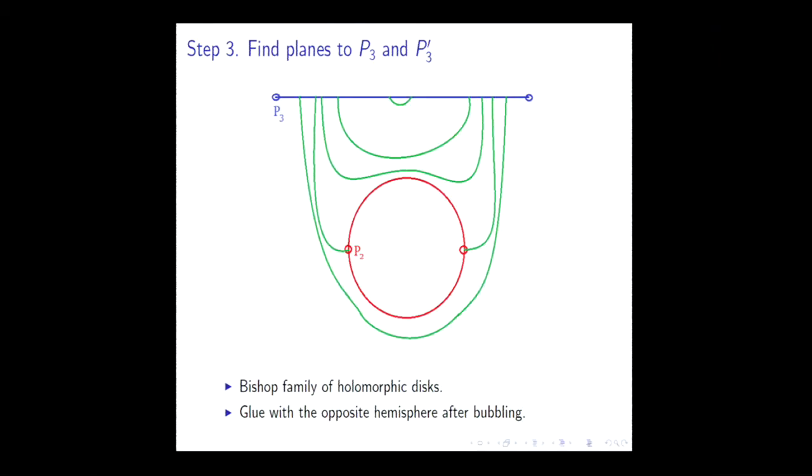So now we can do a Bishop family, start to produce these holomorphic planes out of holomorphic disks. And the belt sphere might be an obstruction to produce the plane, but every time this holomorphic sphere breaks in the belt sphere, we glue with the opposite hemisphere and we continue the family.